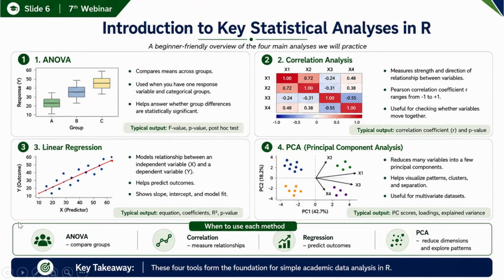Third is linear regression. Linear regression helps to predict outcomes based on a particular factor. You can predict the relationship between an independent variable and a dependent variable. You can decide to take either of the variables as either the dependent or the independent.